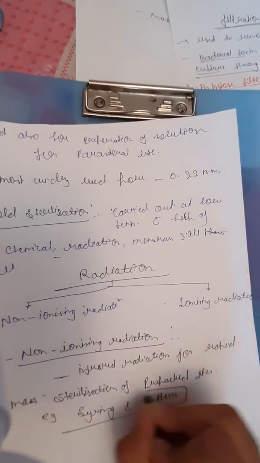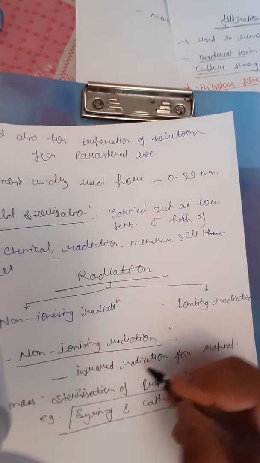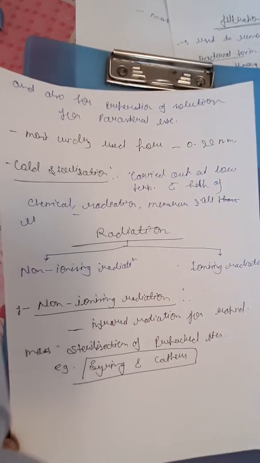So for syringes and catheters, simply you can say that we use non-ionizing radiation.